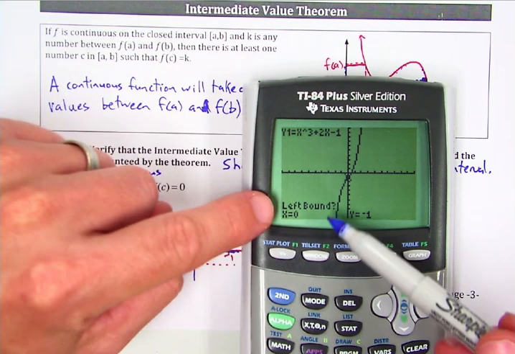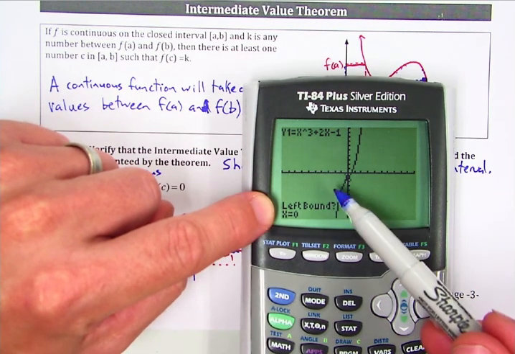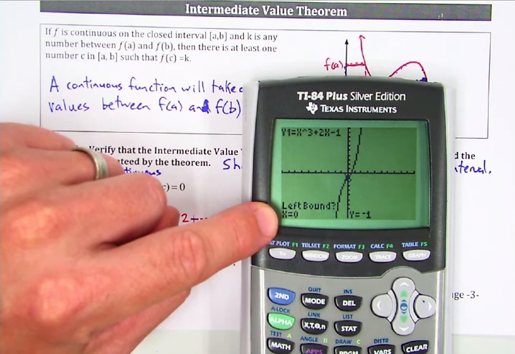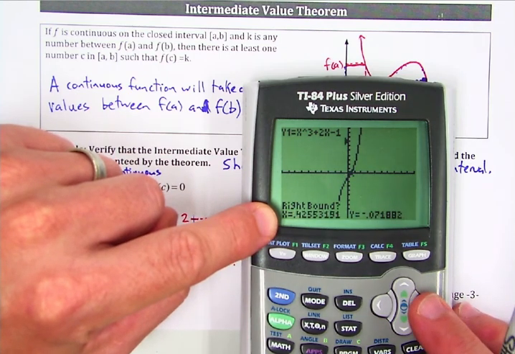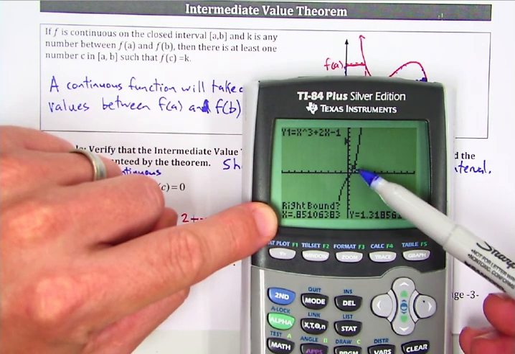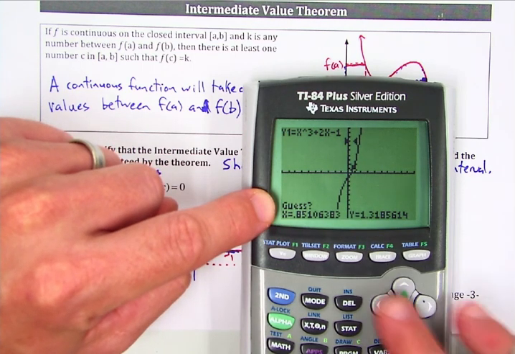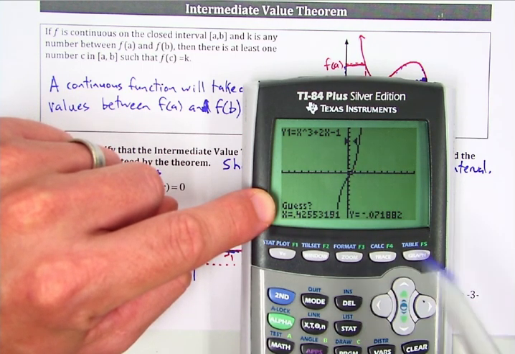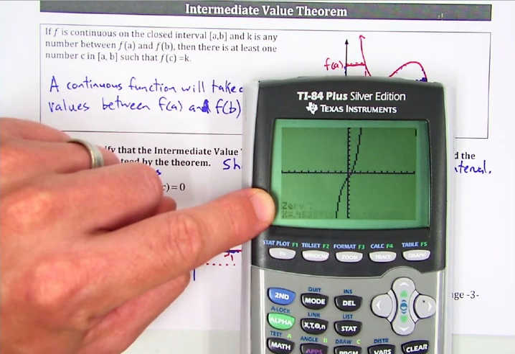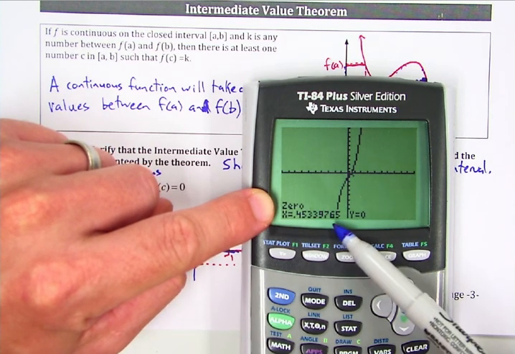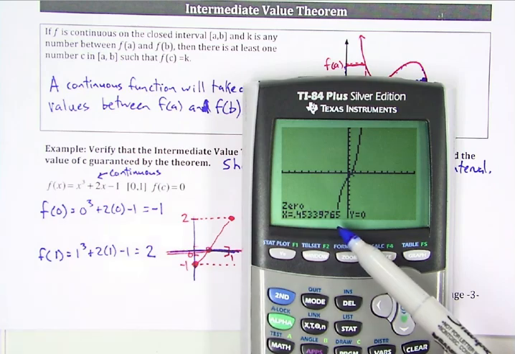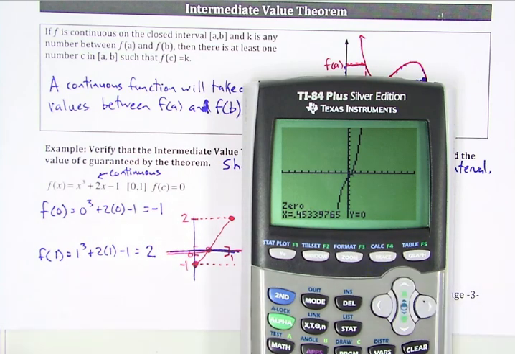Now it says, what's the left bound? So we want to go to the left of the 0, and so we're already there. And then the right bound, just anywhere to the right of it. And then it asks us to guess. So we're just going to put our cursor close, and hit enter. And here it approximated our 0 at 0.453.